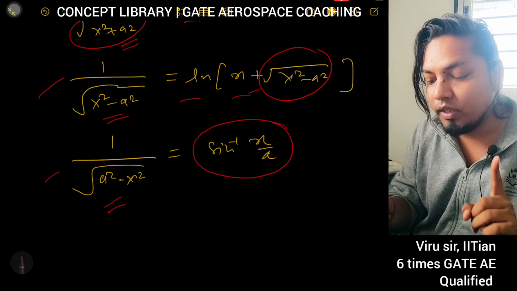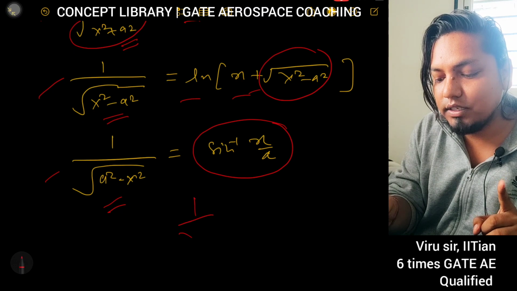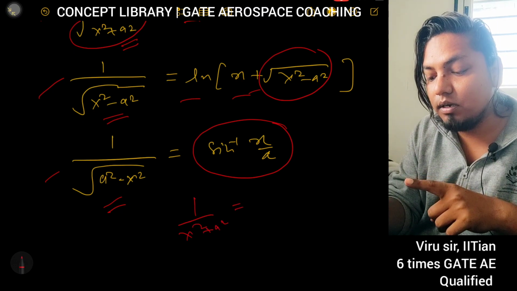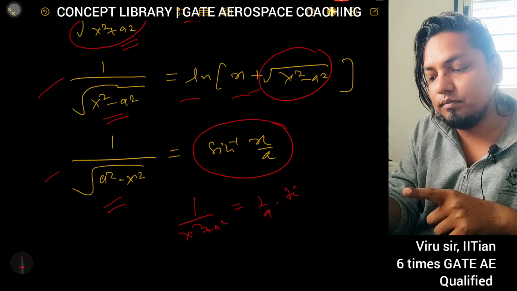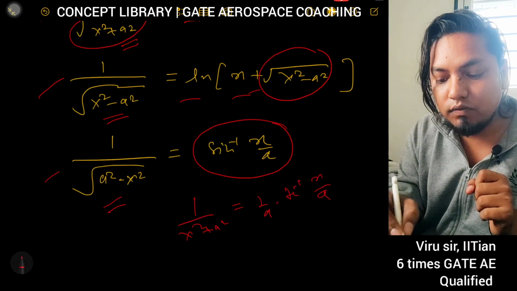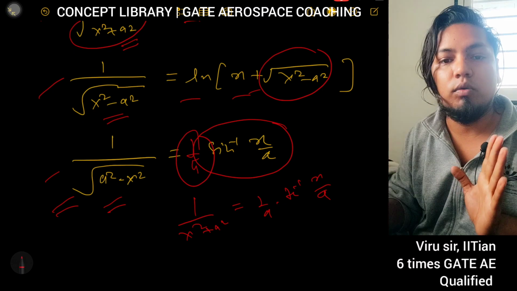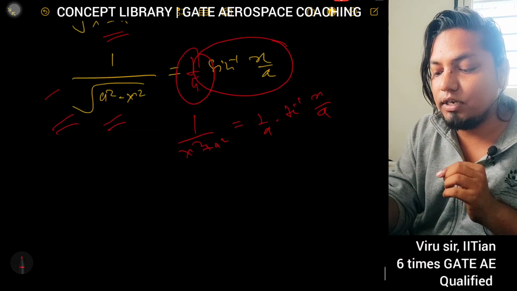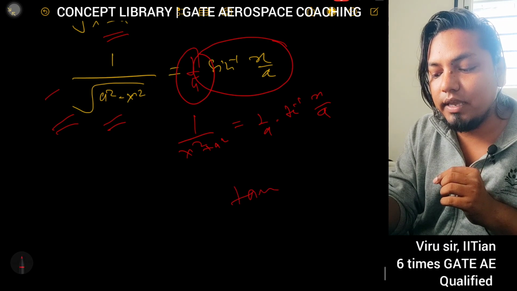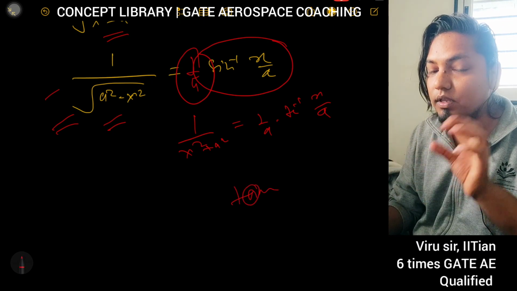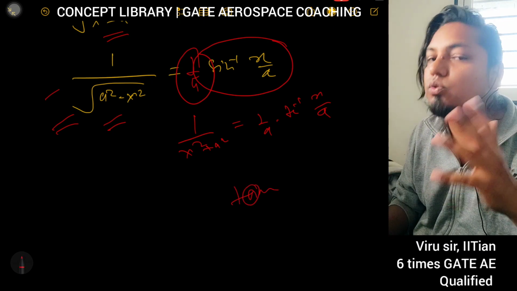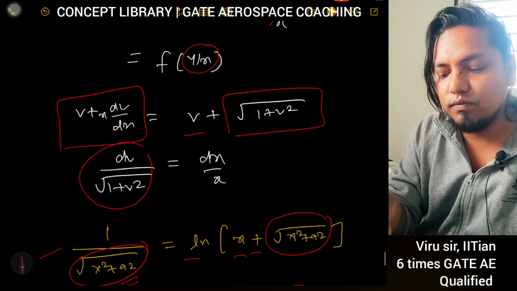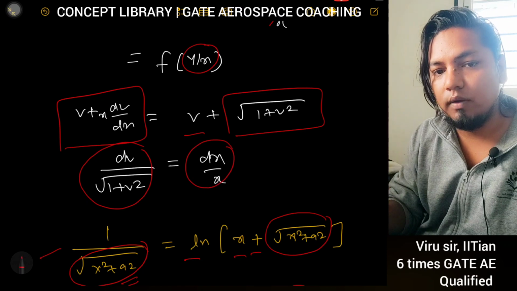And make sure, if you have x square plus a square, then tan inverse x by a will come, but with 1 by a. But if you have this format, then 1 by a will not come in the formula. 1 by a comes in terms of tan. So there is a trick, tan, because a is present, that's why a will come. There is a trick in the formula. In sine a is not present, so a will not come. That's all. Then you can replace this for sine, and this one log.